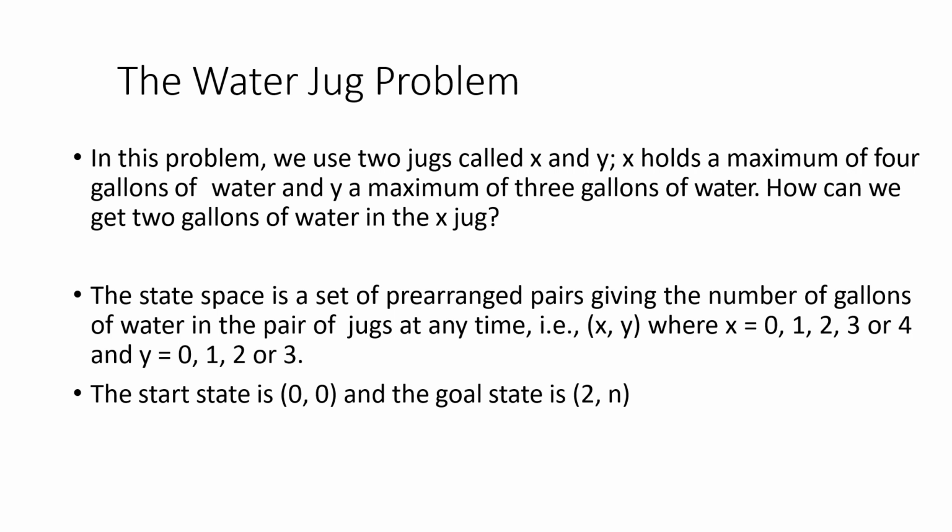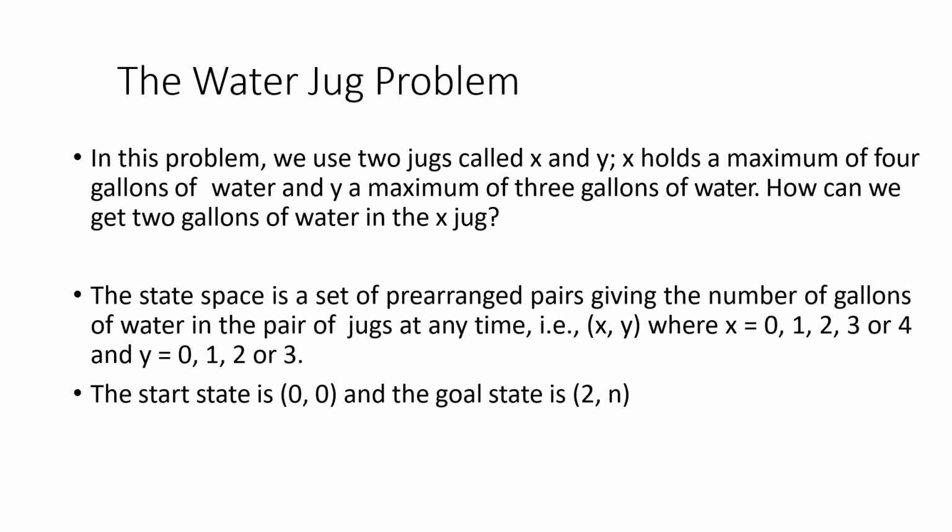So, here the state space is a set of ordered pairs giving the number of gallons of water in the pair of jugs at any time. So, we can write it as X comma Y here. X means the water amount in the 4-gallon jug and Y means the water amount in the 3-gallon jug, where X can be 0, 1, 2, 3 or 4 and Y can be 0, 1, 2 or 3.